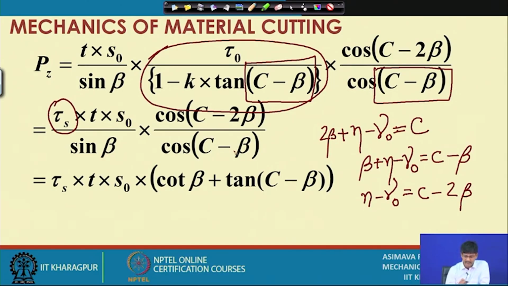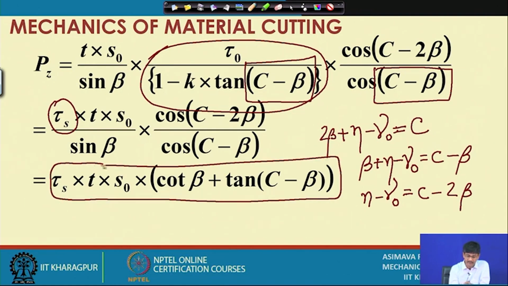If you expand this expression, we will find that it will become equal to cot beta plus tan (C minus beta), okay, cot beta plus tan (C minus beta), and therefore, we can say that this expression will give us an estimation of the main cutting force P z.